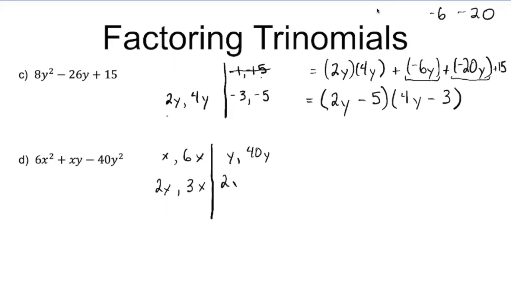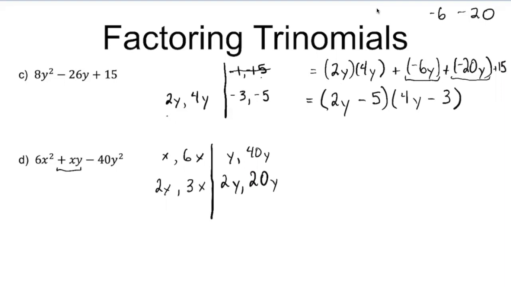Then I've got 2y and 20y, which I'm also mentally ruling out, because if you look at my middle term, the leading coefficient of xy is 1. So these big ones, I don't think are going to work out.